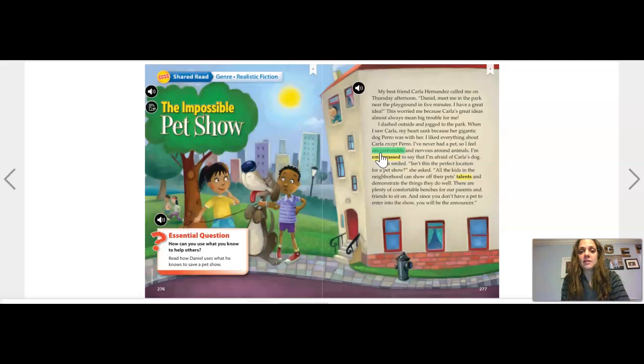The new meaning of the word uncomfortable is not comfortable. I've never had a pet, so I feel not comfortable and nervous around animals. We could even plug in the word nervous.